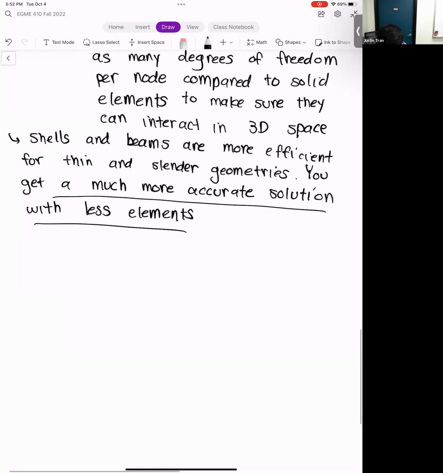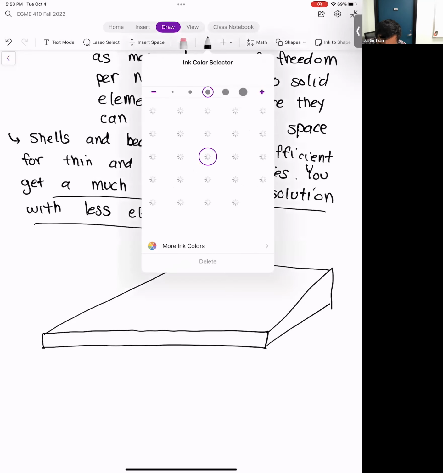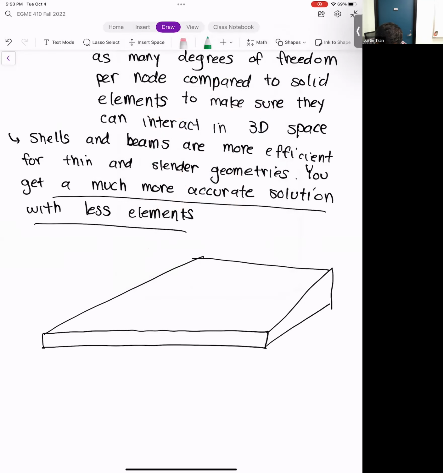Let's say that you have a geometry. Of course, in this case, it's a fairly thin geometry. Let's say that you're able to get a mesh on this. For a thin rectangle like this, I wouldn't be surprised if you got a good hexahedral mesh on it.